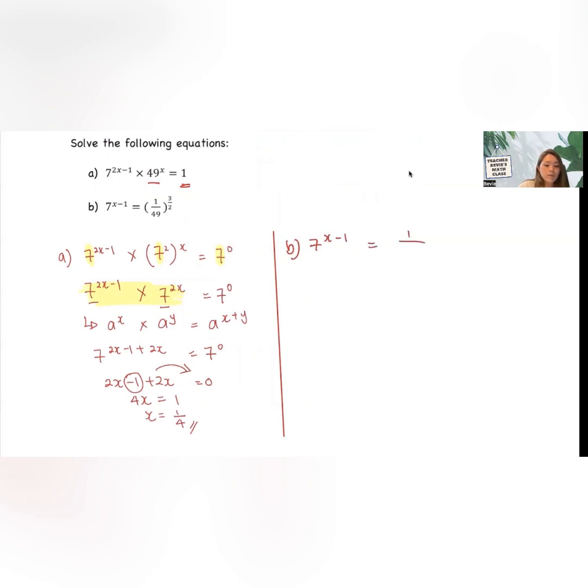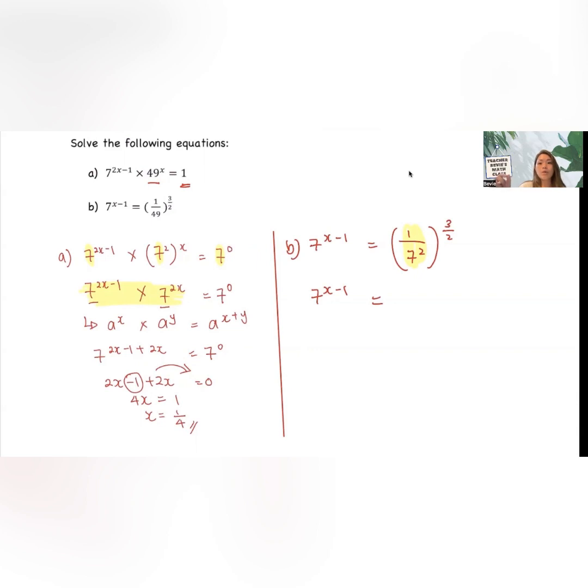For this 49, I can change it to 7 to the power of 2, the whole thing to the power of 3 over 2. Let's further simplify the right-hand side. How do I make this fraction a non-fraction form? When I pull the denominator upwards, the power becomes negative.